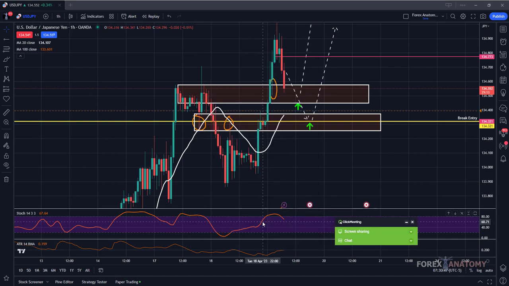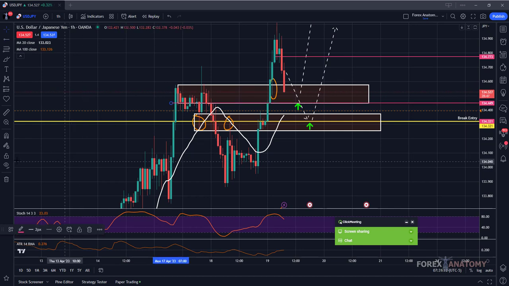All right. So the reason why I have a question mark is because this is where it gets interesting. As far as invalidation, there's two levels where you can add it. You can add it either at the middle of this congestion area right here.